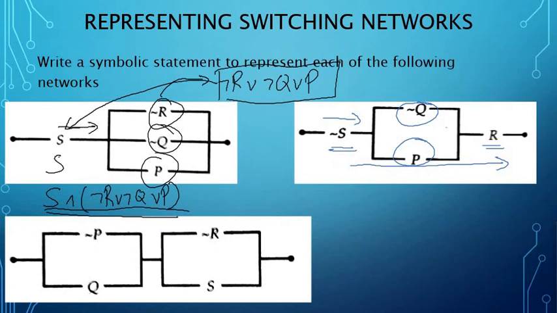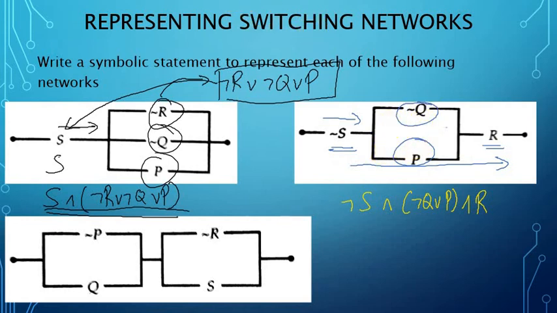So that must mean that we will have not S and R, and then not Q or P. And the reason for that is, again, take note that not S and R are connected in series with this parallel network, and the parallel network has not Q and P.